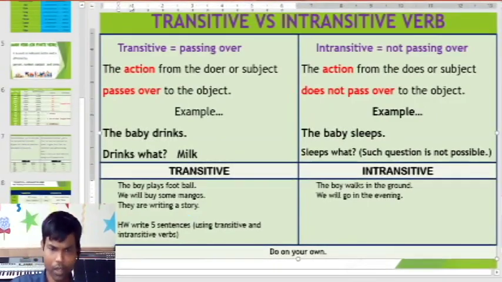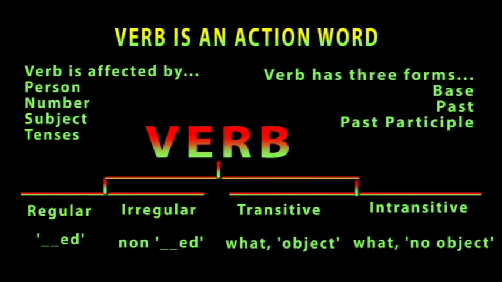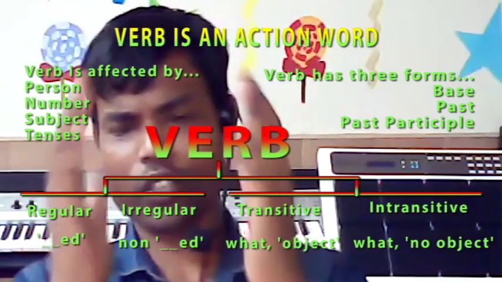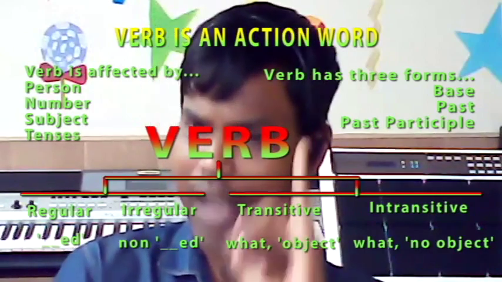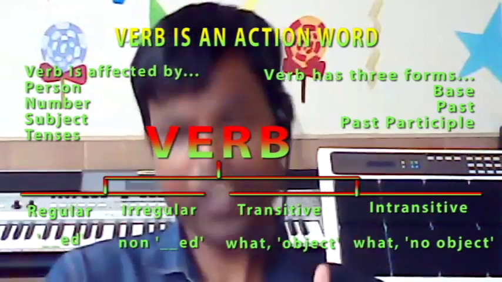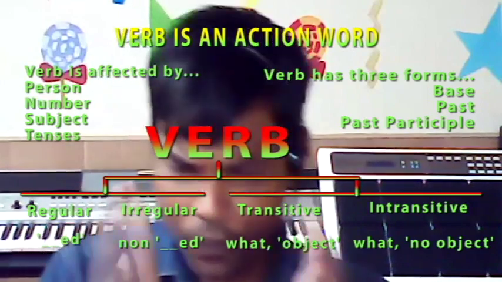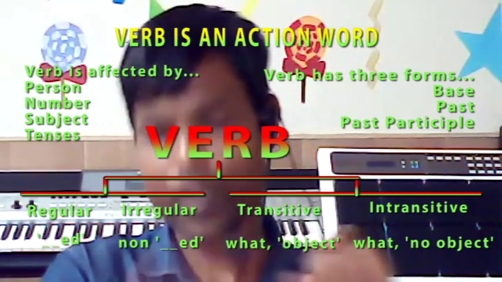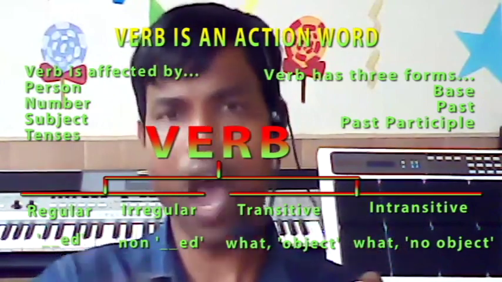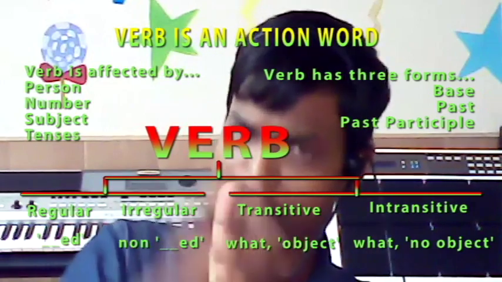Next, we started with verb. Let me just give you the summary of it. We started with verb. We have understood what a verb is. A verb is an action word. The definition we have seen, and then we have seen that the verb is affected by person, like first person, second person, third person, I, you, we, he, she, and number, singular and plural.